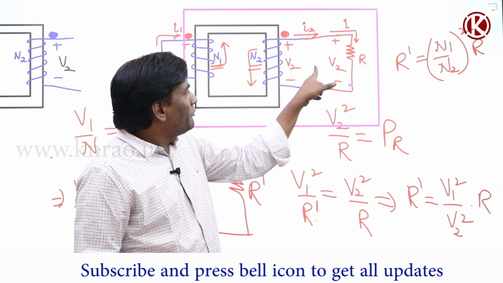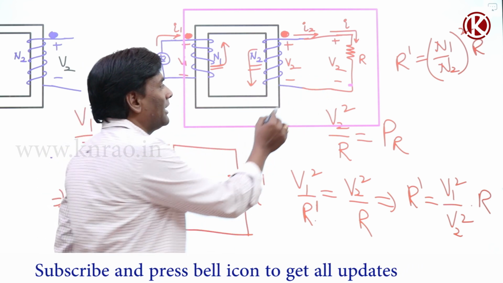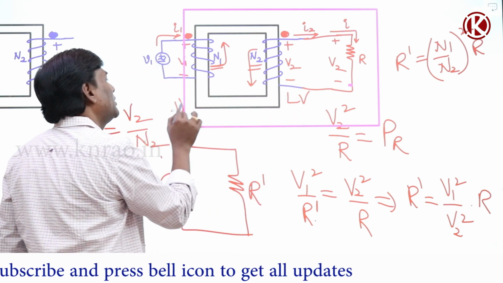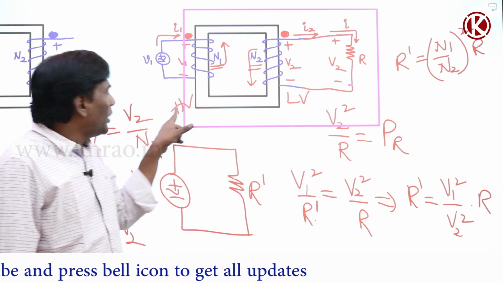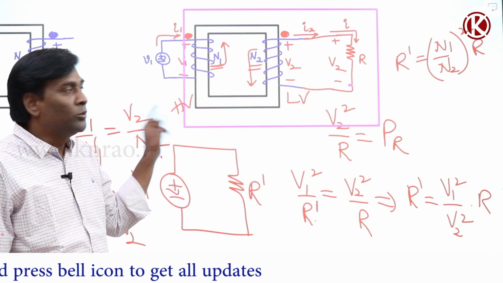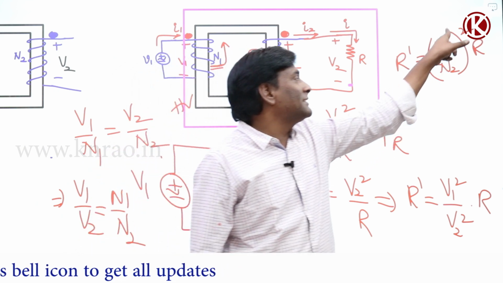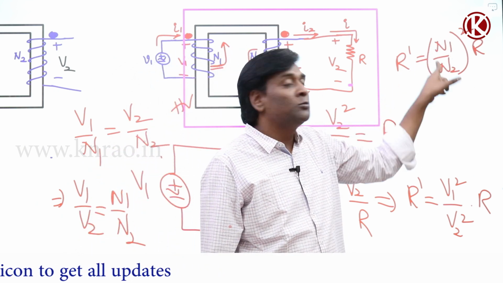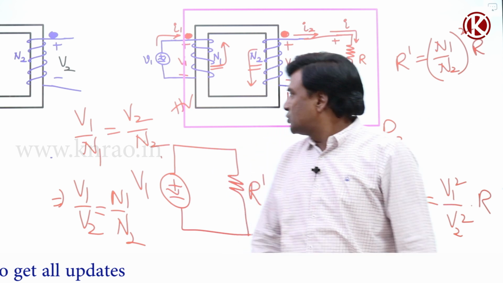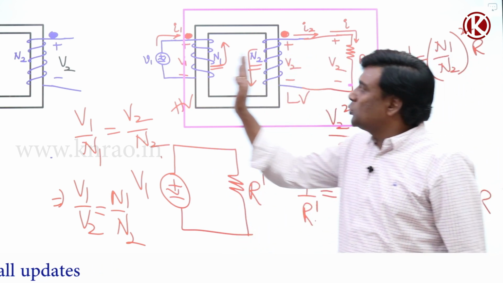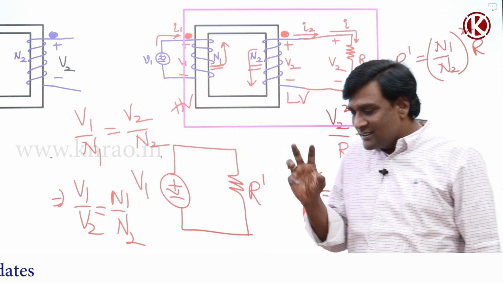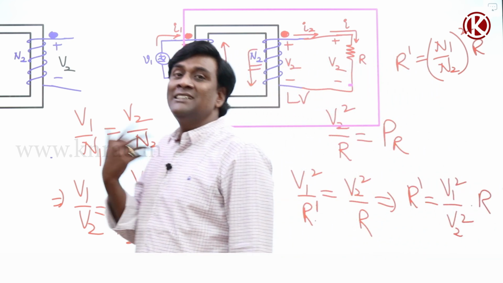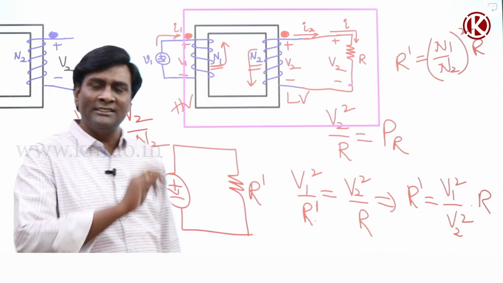So this can be called the low voltage side and this the high voltage side. If you move from low voltage side to high voltage side, my resistance is going to be increased because N1 is more, N2 is less. So resistance magnitude is going to be increased by square times. Just remember that way, it's enough.